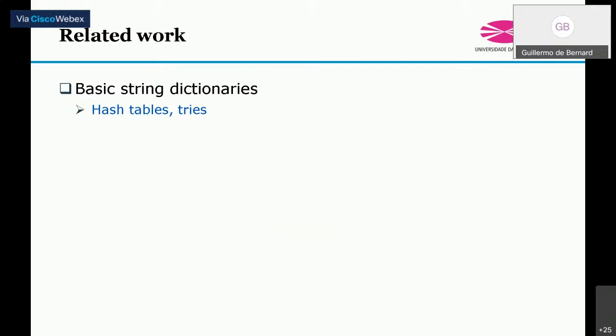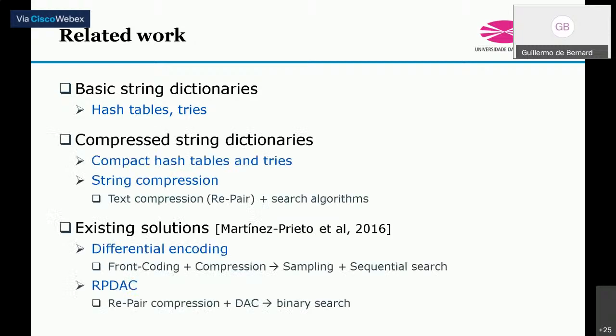For the representation of a string dictionary, we can use a wide number of solutions. Basic data structures such as hash tables and tries can be used, but we focus on the compressed version.